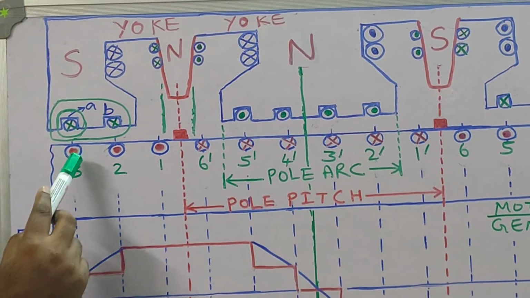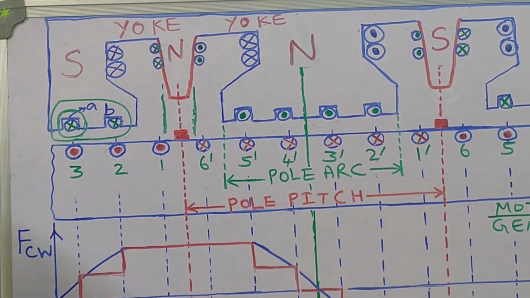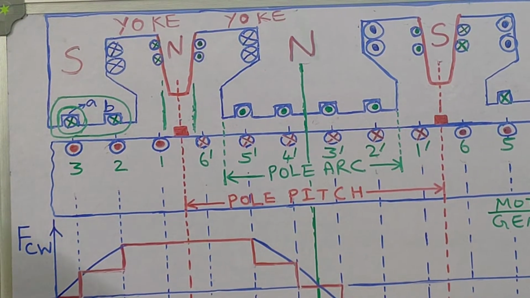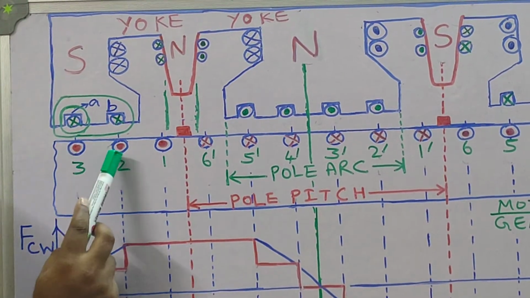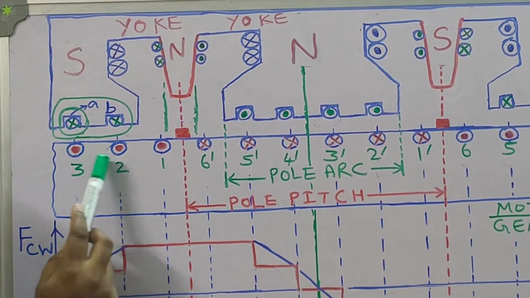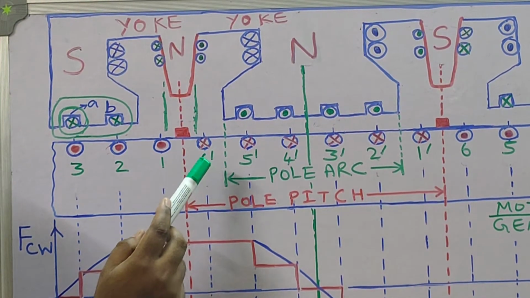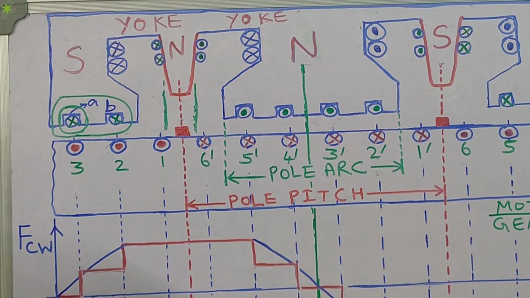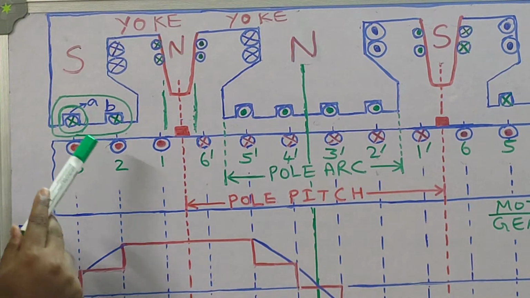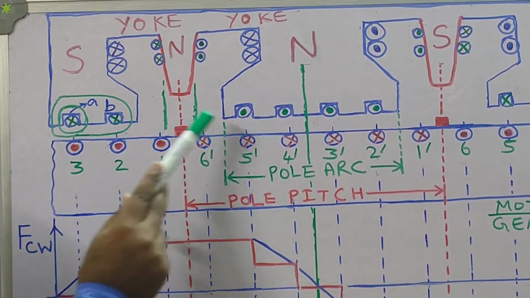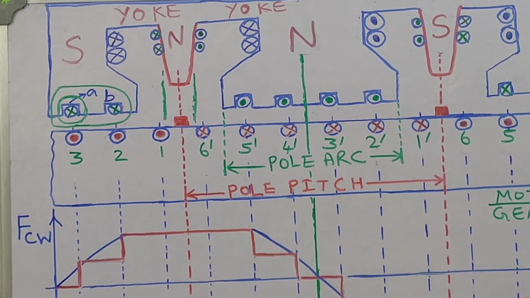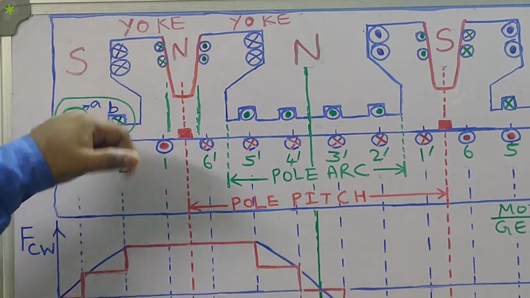However, each conductor of the armature carries current Ia by A. That is a point we should not forget: the current carried by each conductor, or in each parallel path of the armature of a DC machine, is Ia by A. However, the current carried by the compensating winding conductors is Ia only, because the terminals coming out from the brush are connected in series with the compensating winding.